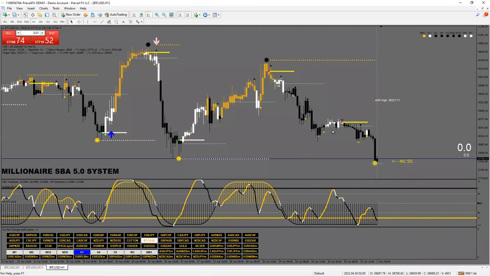If we go to the chart tank, what we're going to be looking for is an indication of whether it's buying or selling. So we're looking for the star bar arrow setup in whichever direction the chart tank is going to tell us.